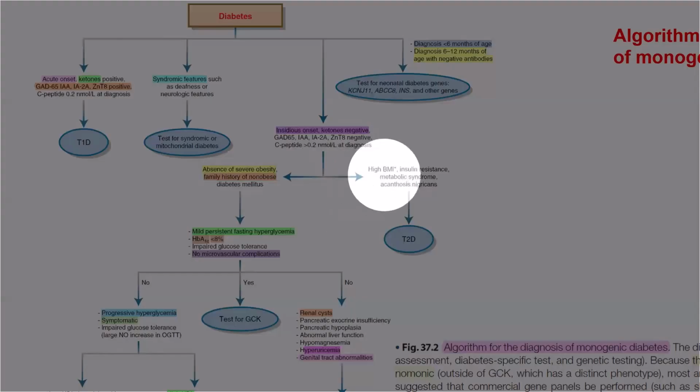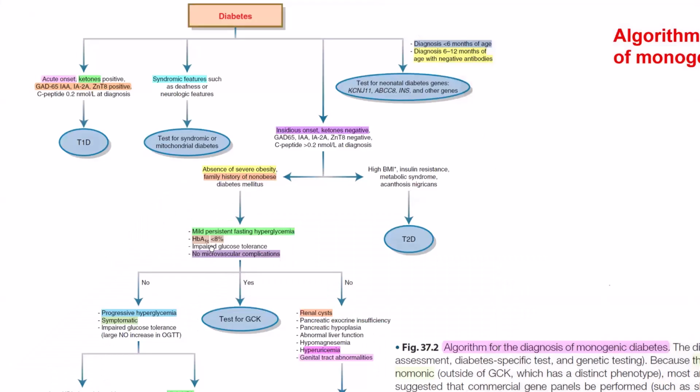If we have a high body mass index and insulin resistance, it is type 2. Otherwise, if we have absence of severe obesity, no manifestation of insulin resistance, with a strong family history of diabetes mellitus, especially in the young, we should suspect MODY. How do we classify MODY?